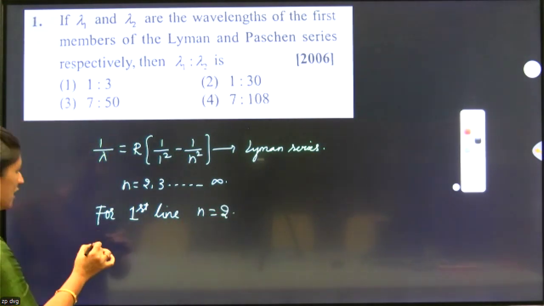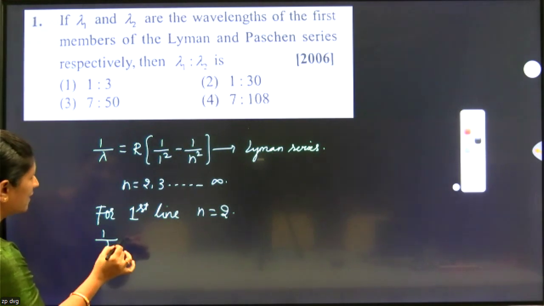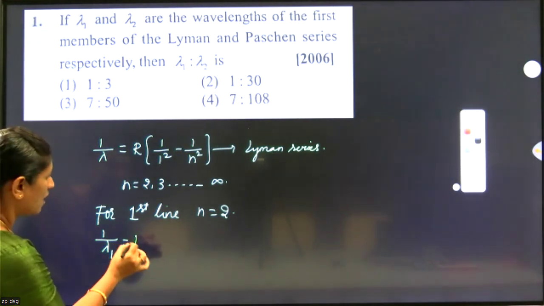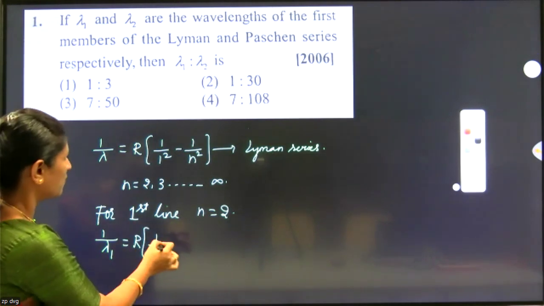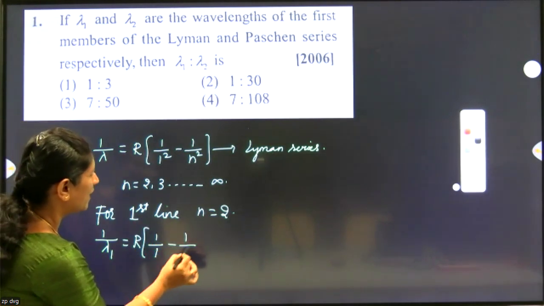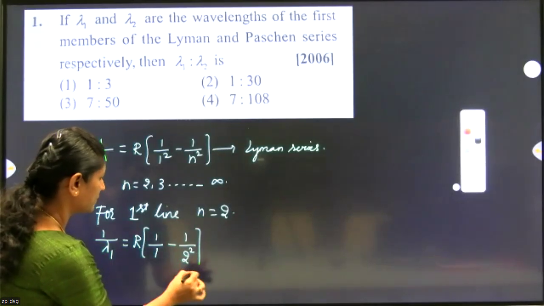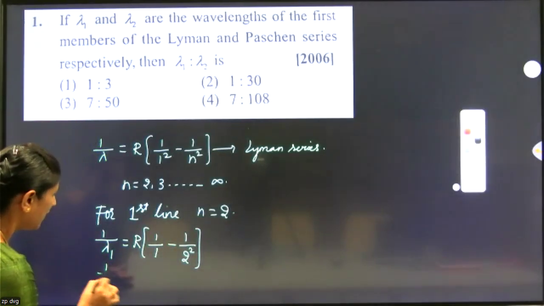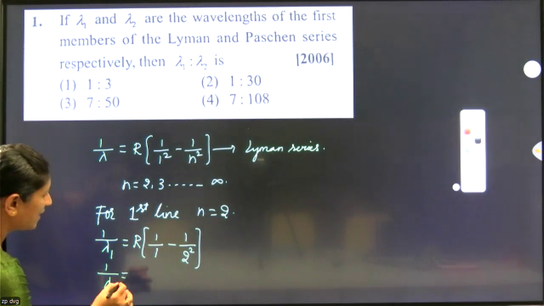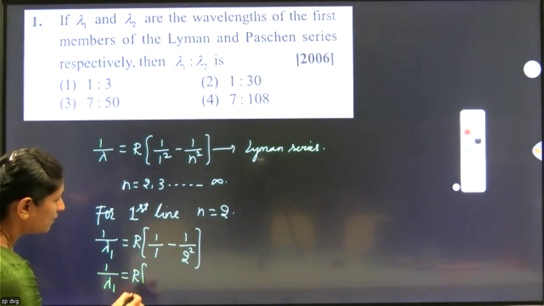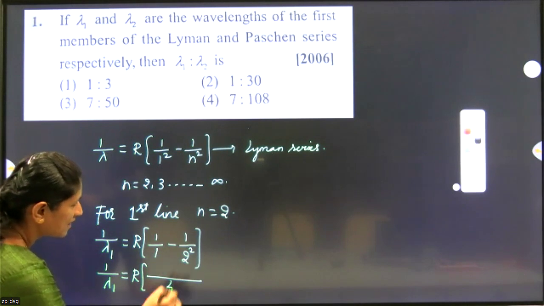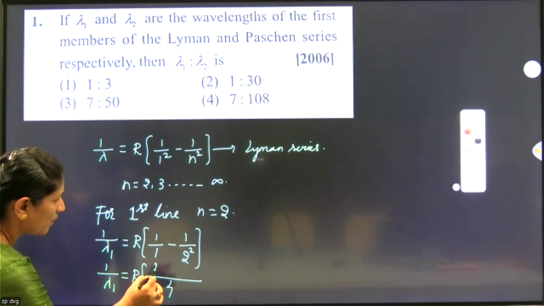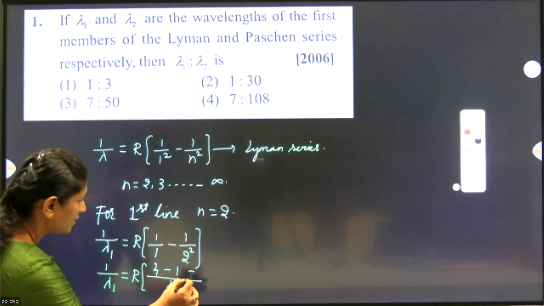Therefore, we can solve this as 1 by lambda 1 equal to R into 1 by 1 square, that is 1, minus 1 by 2 square. 1 by lambda 1 is equal to R into, the LCM is 4, 4 minus 1.